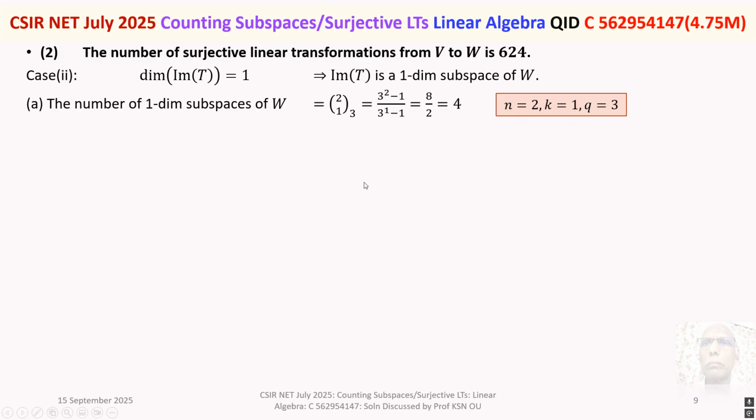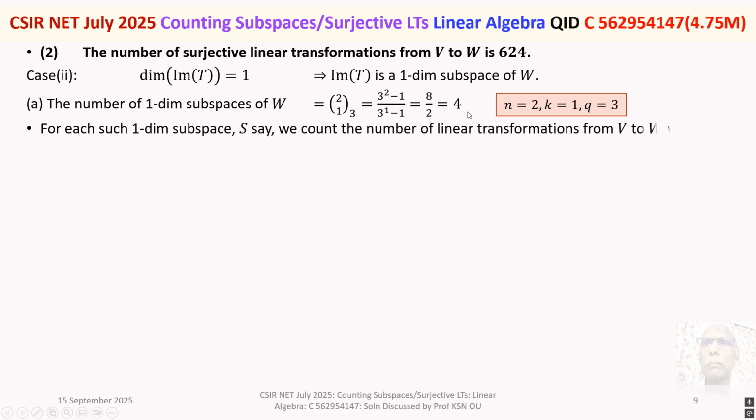Right. Now, for each such one-dimensional subspace, we have 4, 4, 4. Out of that, take one of them.